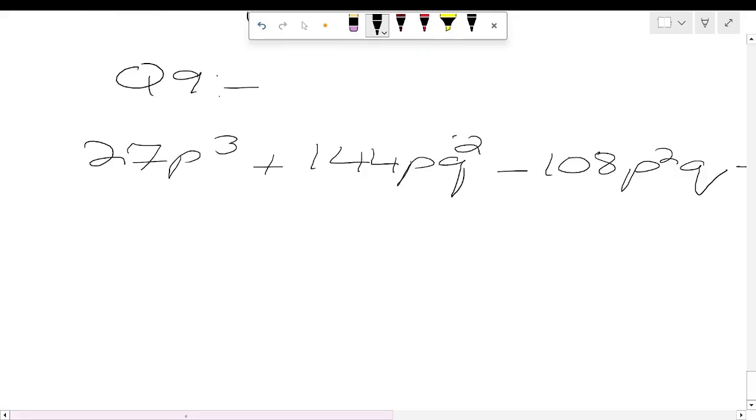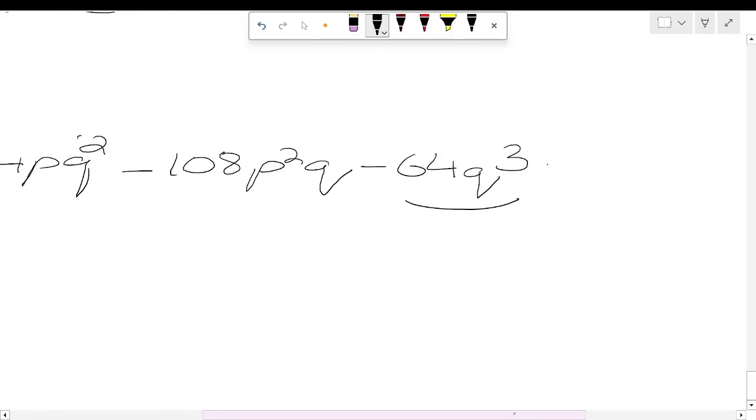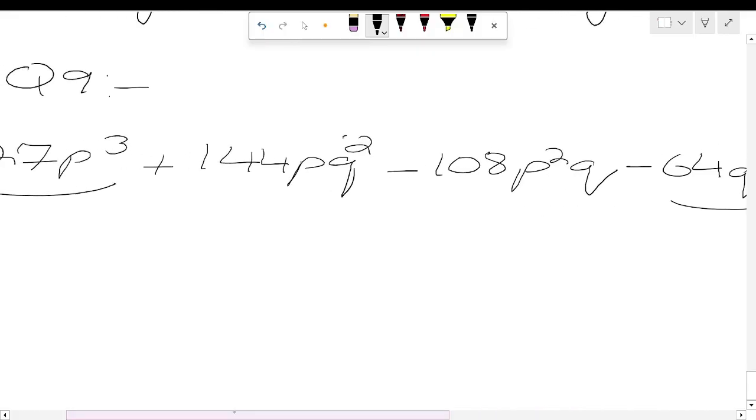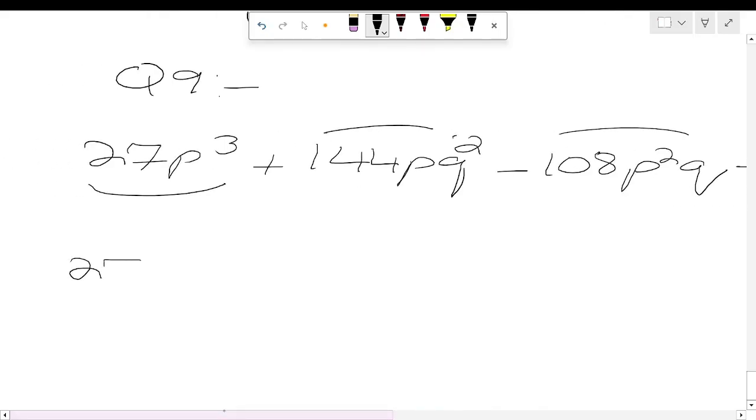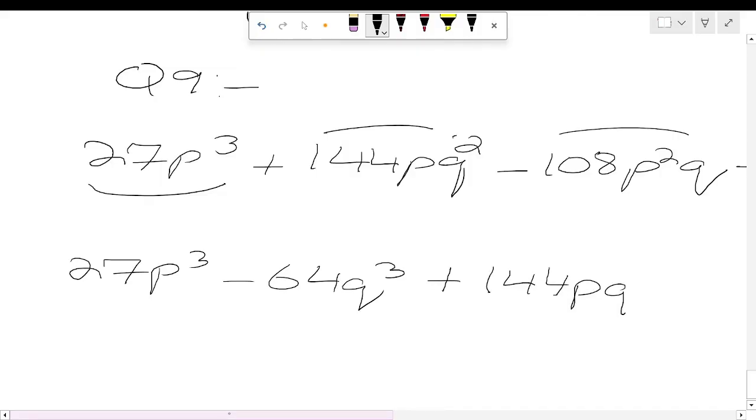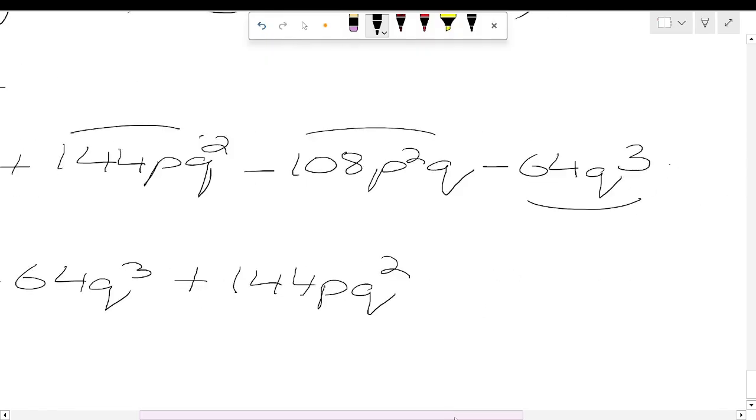Firstly, we will write 27p cube with 64q cube and 144 p square with 108 p square q. So we'll write 27p cube subtracted from 64q cube added with 144 p square, then subtracted from 108 p square q.